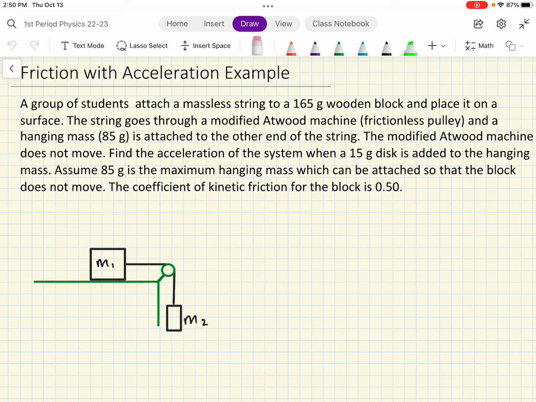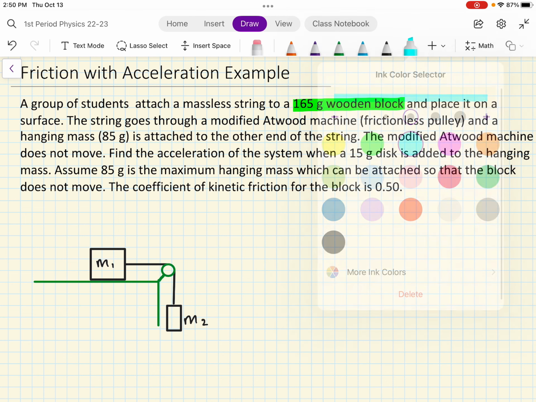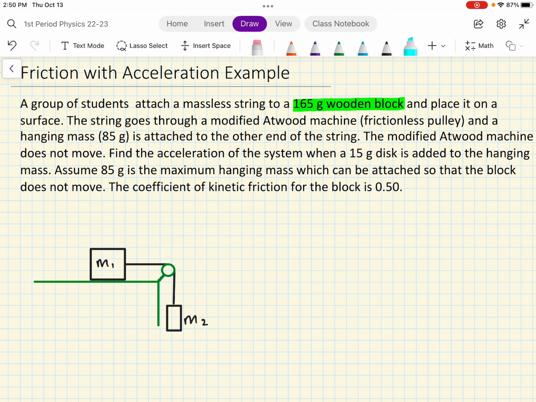We have two masses. I will use green for mass 1. So mass 1 will be the 165 gram wooden block. And then what else do we know about mass 1? Well, then I'll use blue for the other one, the hanging mass. Now you have to be very careful because in this case, our hanging mass is 85 grams plus the 15-gram disc.